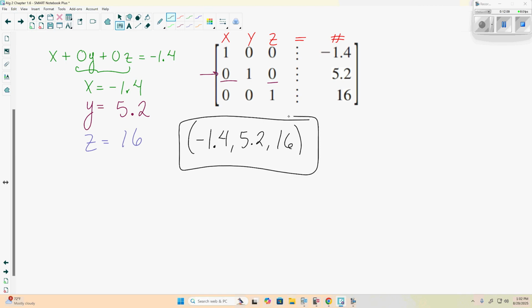So for the system of equations, this here is the solution. And that's it. We would need to get it into this what we call reduced row echelon form.